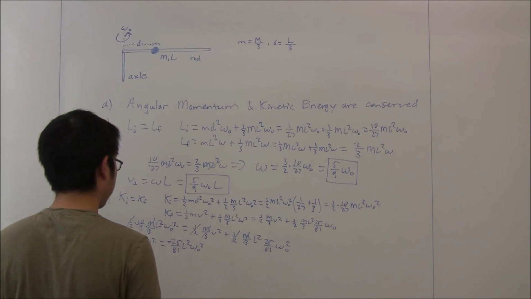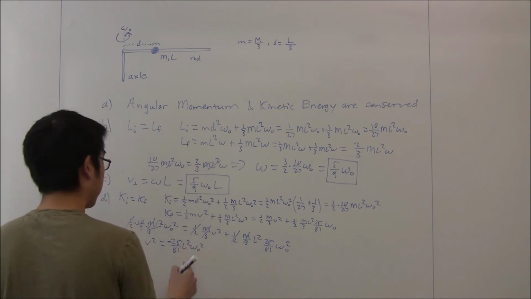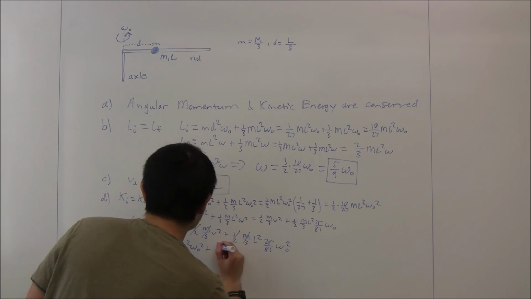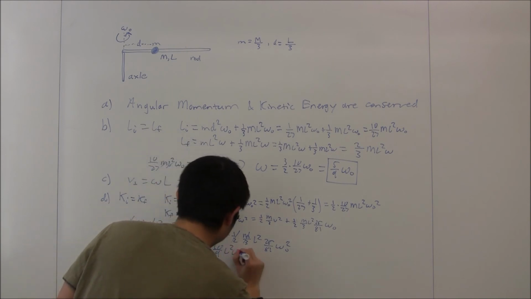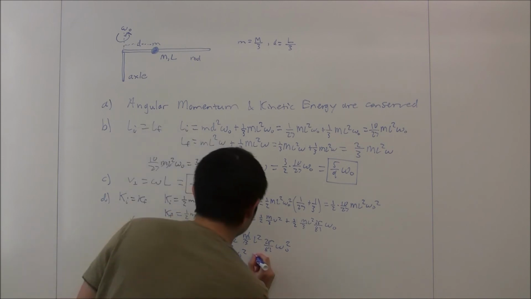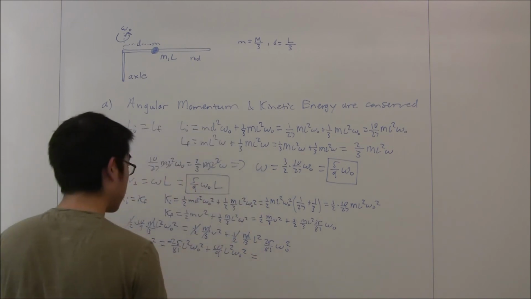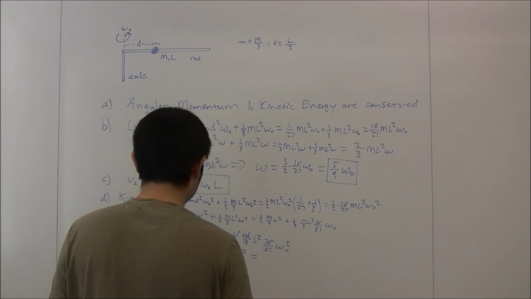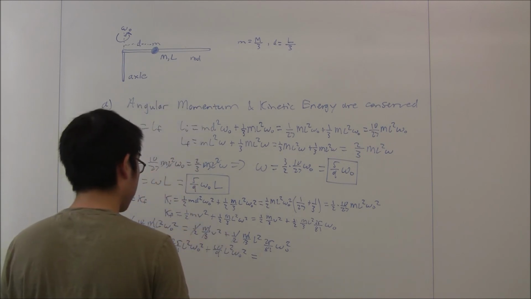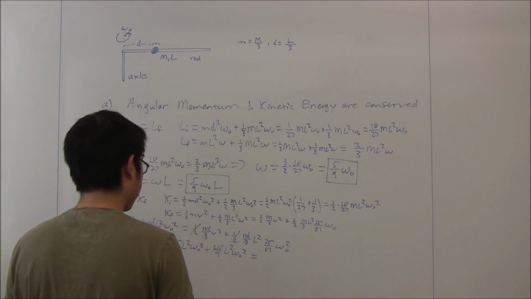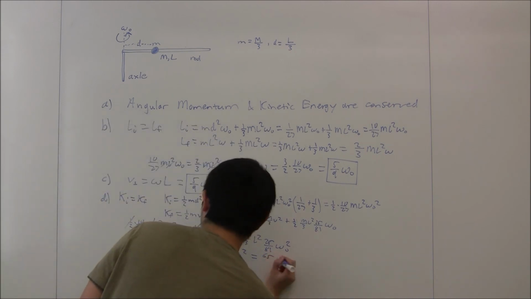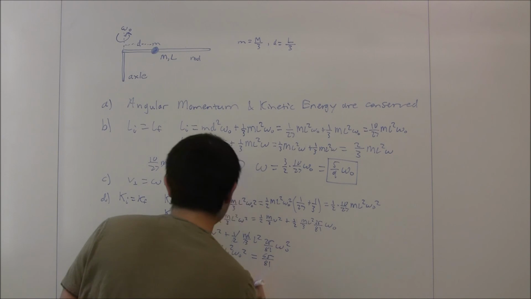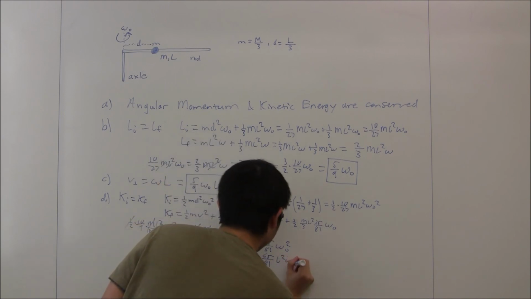So minus 25 over 81 L squared omega naught squared plus 10 over 9 L squared omega naught squared. So that's going to come out to be, we multiply that by 9, get 90 minus 25, which is 65. So 65 over 81 L squared omega naught squared.